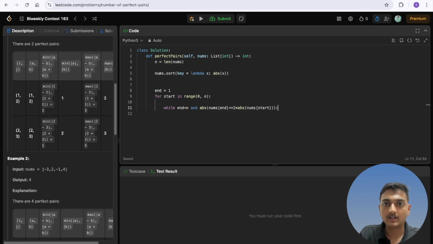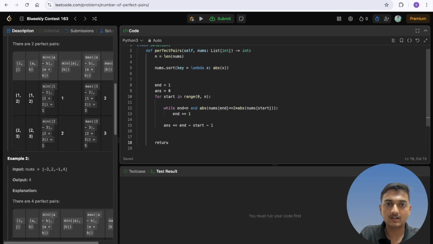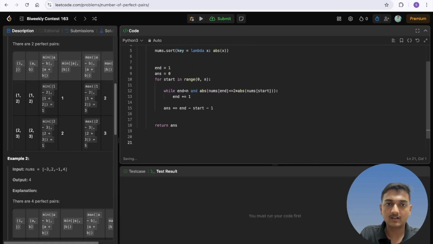Simple. If this is satisfied, then I can increment my end pointer, and as soon as the condition is not satisfied, I can add to my answer: answer plus equal to end minus start minus 1. And I can return my answer at the end of that. So this is basically the whole approach.